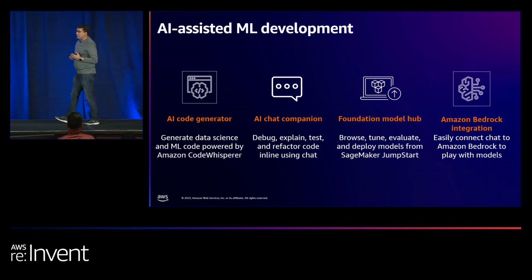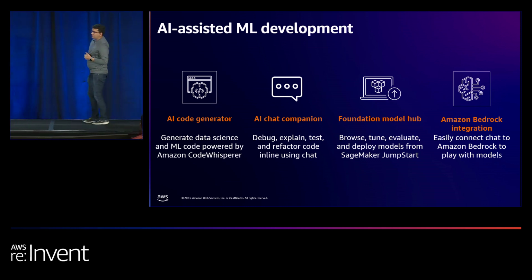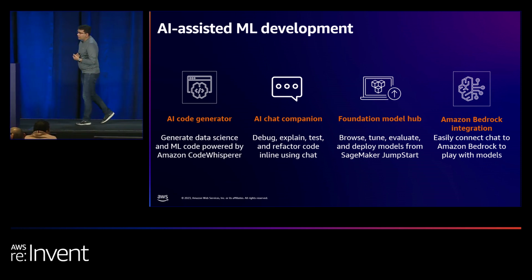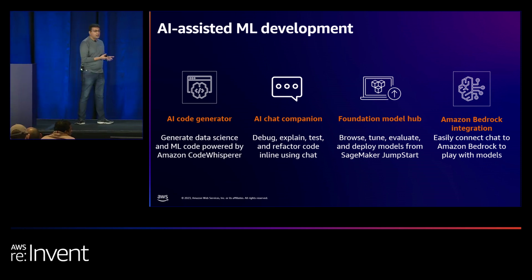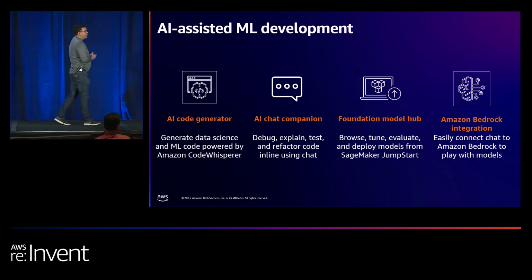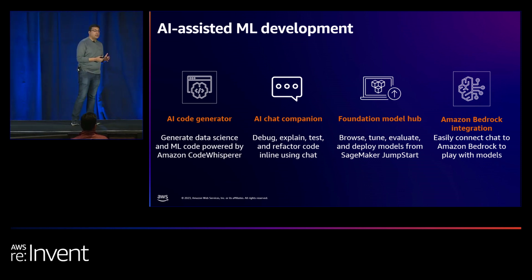So for example, you could choose to run the Claude V2 model developed by Anthropic, available on Amazon Bedrock, or you can choose to run StarCoder developed by Hugging Face, available on the SageMaker JumpStart Model Hub. The JumpStart Model Hub now comes with more than 150 open source models for multiple different tasks.